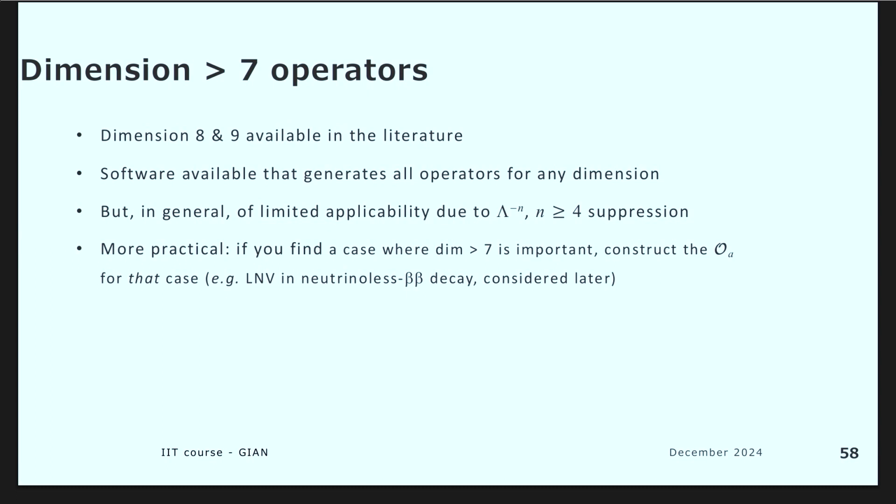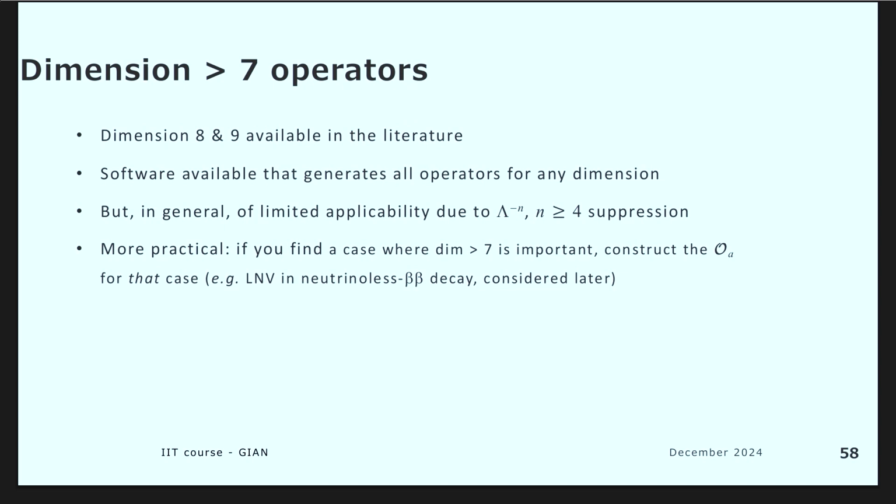The only reason you might consider operators with dimensions higher than 6, in fact, is because there are specific processes to which these guys contribute and to which no other one contributes. So they're targeted. And in that case, you're not interested in all operators of dimension 17, but just in the one guy that contributes to the one process of interest that you are looking at.